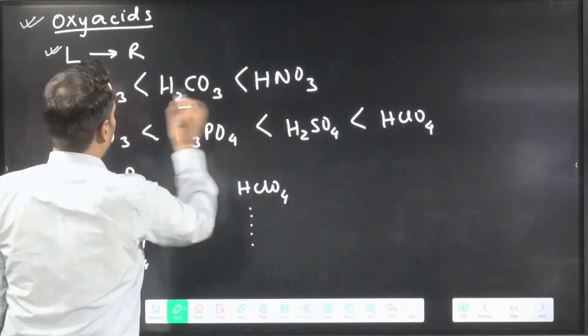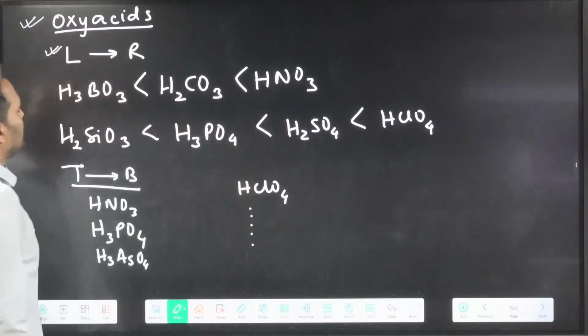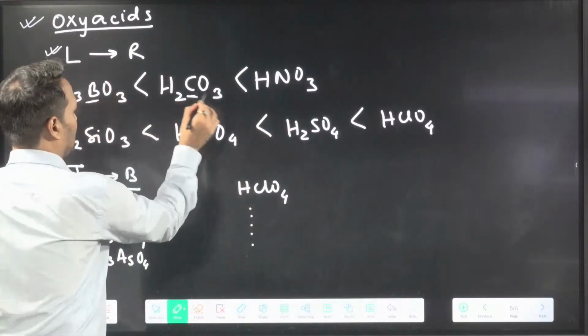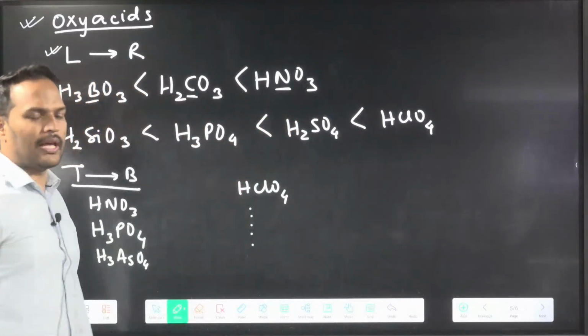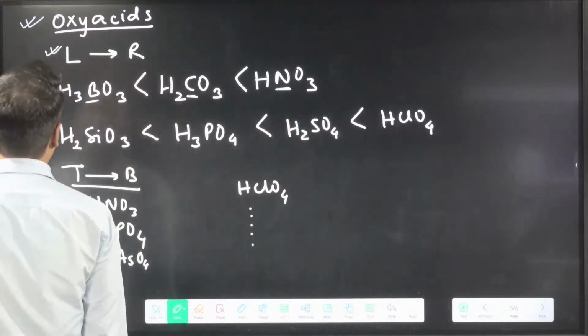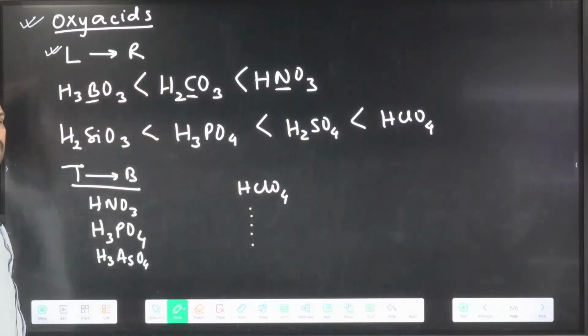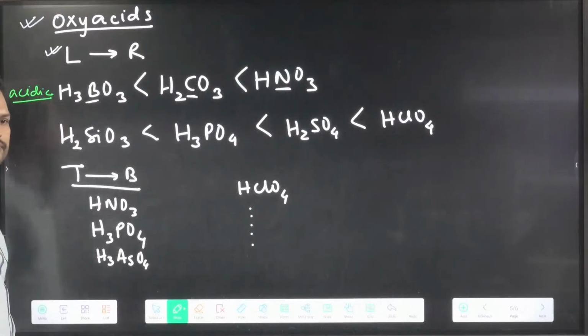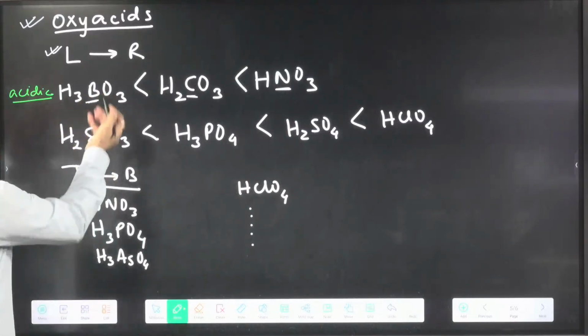So let's check this one. Can you tell me what this order is about? You are moving in a period. See, boron, carbon, nitrogen. Can you tell the order quickly? So this is the order of acidic strength. Correct. Clear? Now again same example.